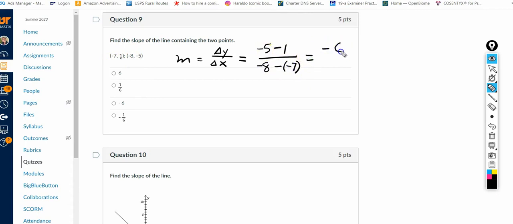So I'm going to get negative 6 in the numerator, and I'm going to get negative 8 plus 7 in the denominator. So I'm going to have negative 6 over negative 1. The negative signs cancel, and 6 over 1 is just 6. So I'm looking for positive 6, which is what we have here.